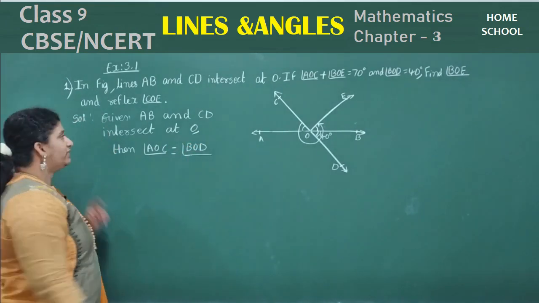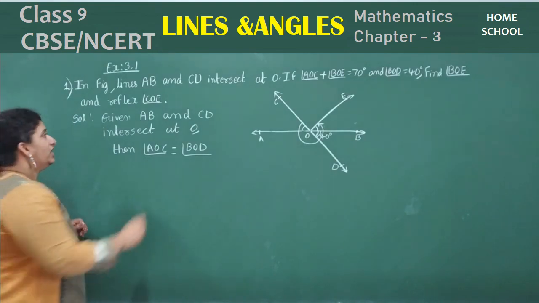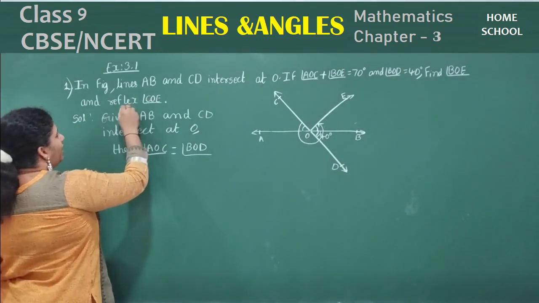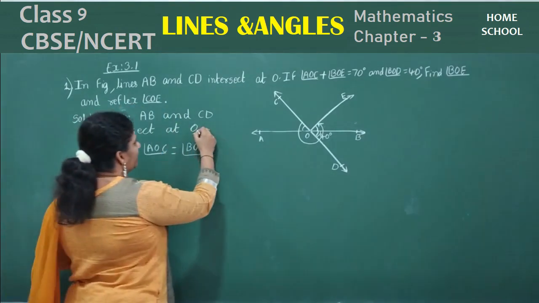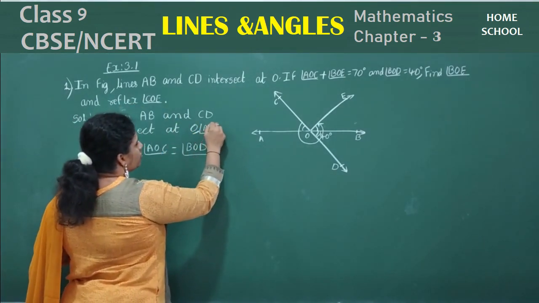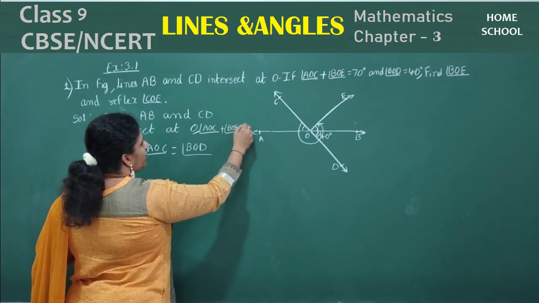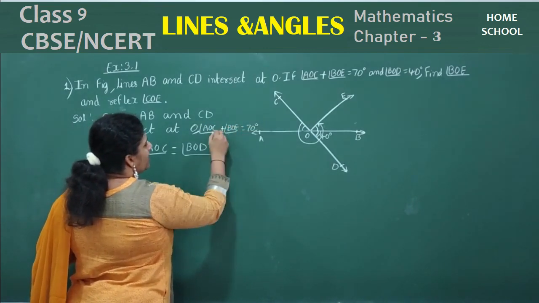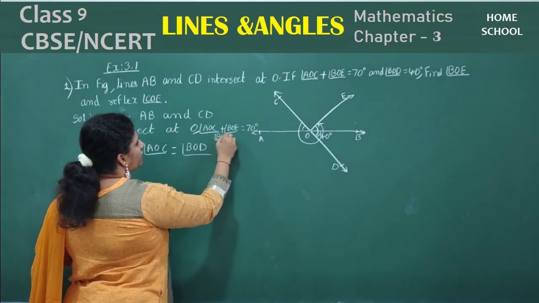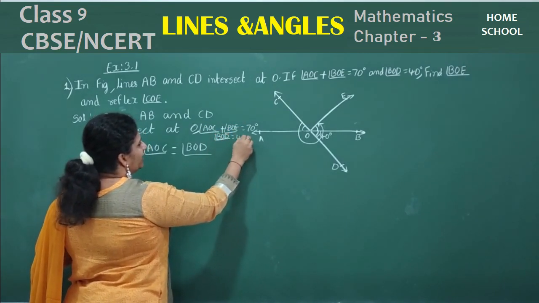Yes or no? But what is given here, children? You need to write the given data. So let me write here: angle AOC plus angle BOE is equal to how much? 70 degrees. And angle BOD is equal to 40 degrees.